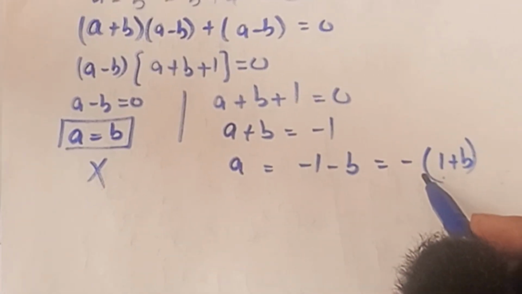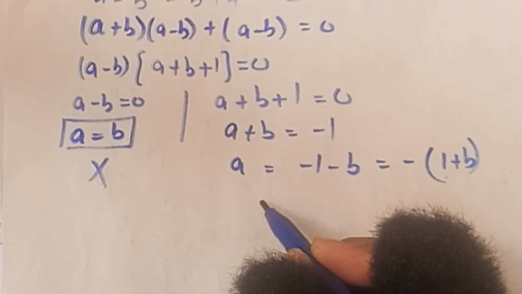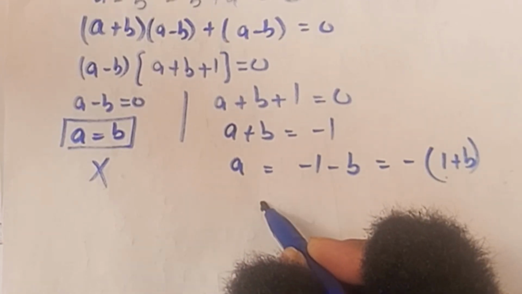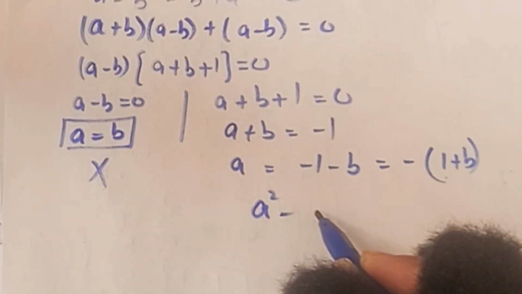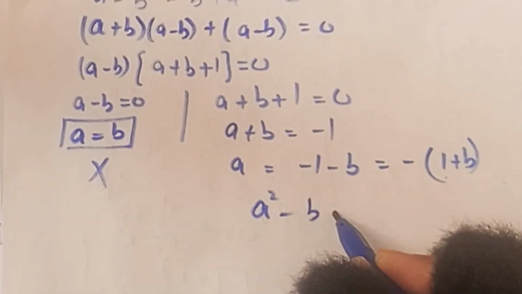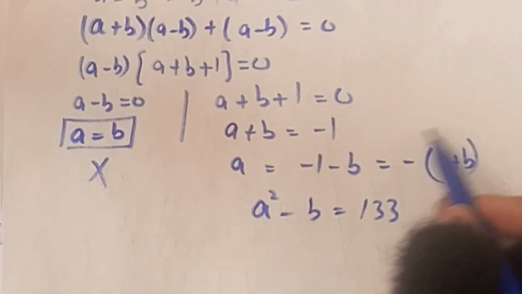Now look at our equation number 1, and we write equation number 1: a² − b = 133. Now we substitute the value of a, which is this.